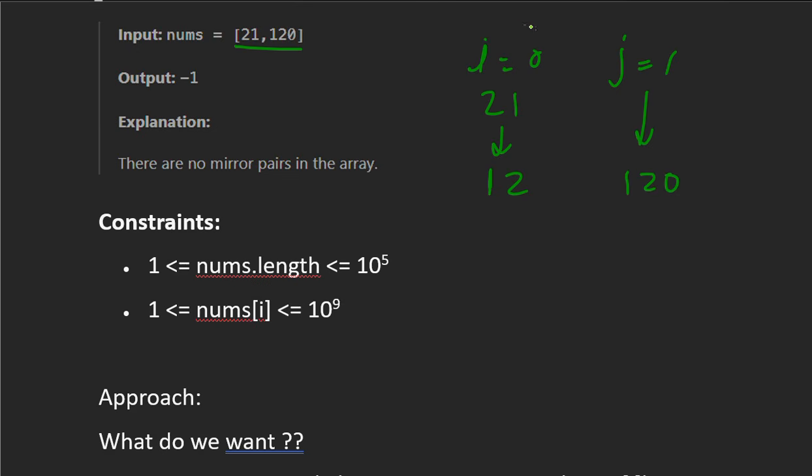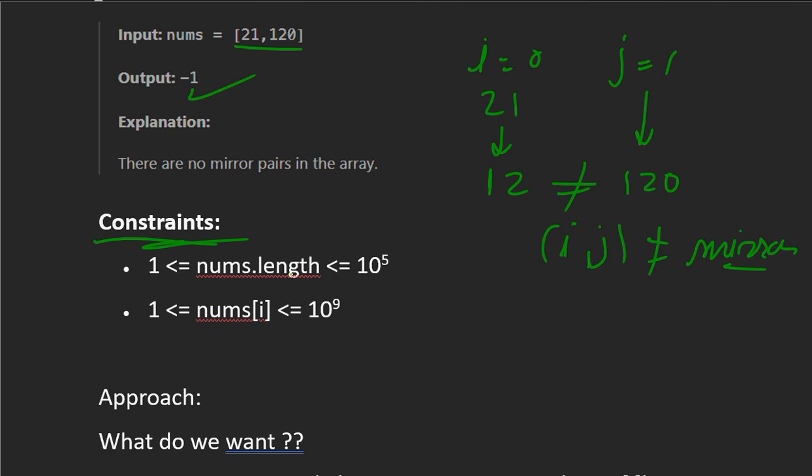The reverse of nums of i is 12 and nums of j is 120, and both are not equal. So this pair i and j is not a mirror pair. There exists no mirror pair in the array, so we return -1.